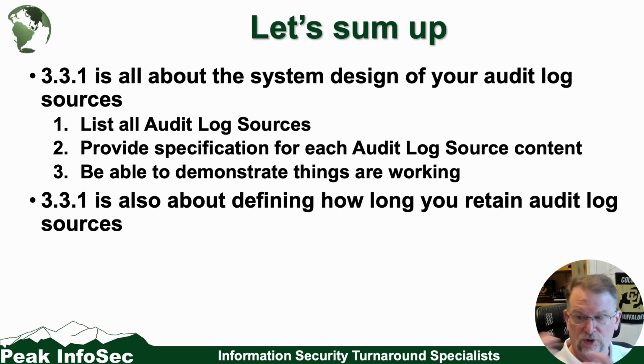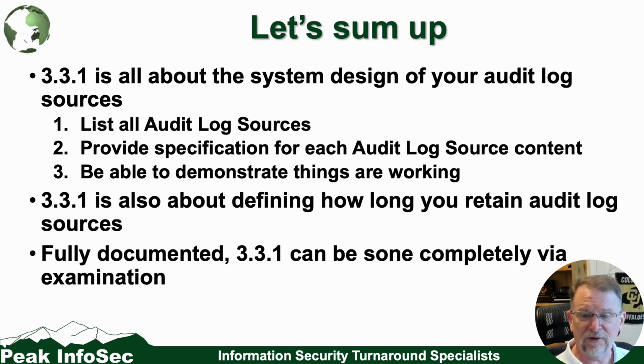If you don't retain for specific things, you can actually have multiple settings in here, and that's fine. Again, ODPs are not meant to be singular. You can actually have multiple. You just have to approve them. And then fully documented. If you do this right, 331 can be an examination only. Again, that's up to you guys on how well you do this.